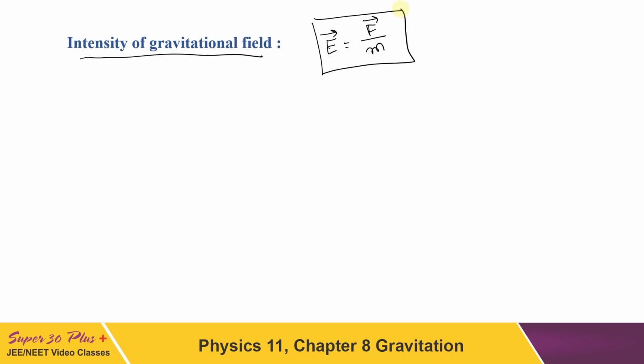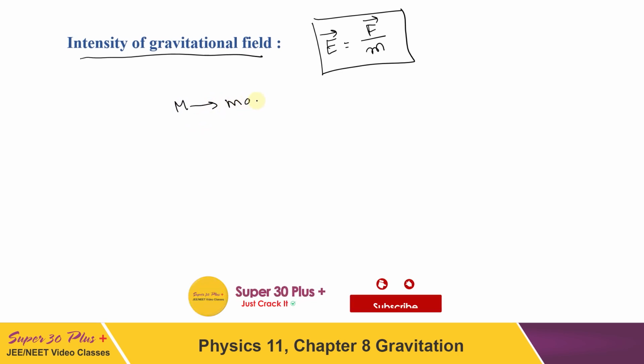Now how to calculate its value? Let us consider that m be the mass of a body, and if it is an extended body, then it has some center of gravity which can be considered at its geometrical center.